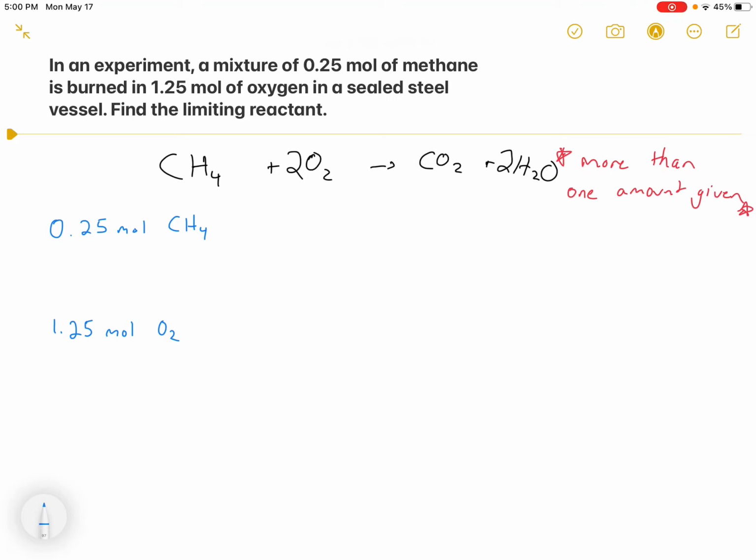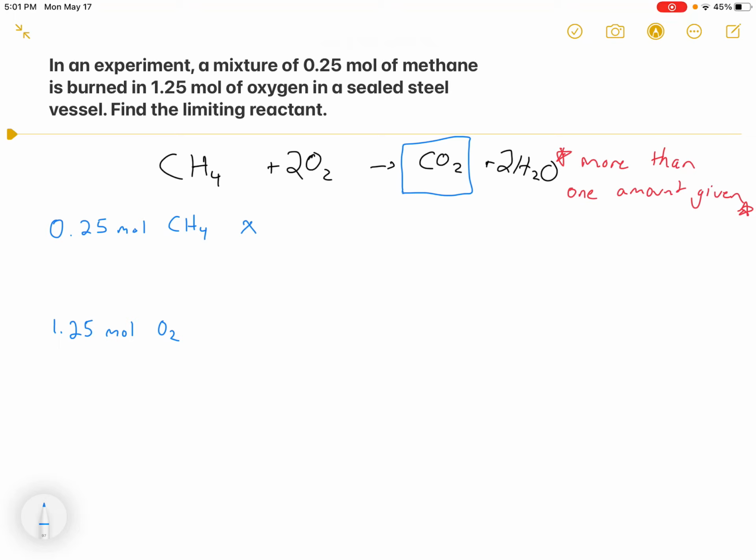To be able to do this, we first need to choose a product that we're going to set up our equivalent proportion multipliers to convert into. I'm choosing CO2 because when we look at the molar ratio, it's equivalent for methane and CO2, and that just makes things easier for us.